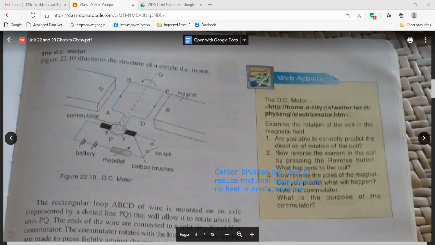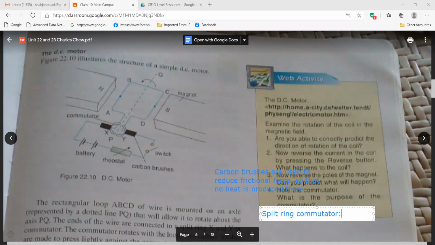Then we have the next point, that is the split ring commutator. Why are we using it? These are the most important.